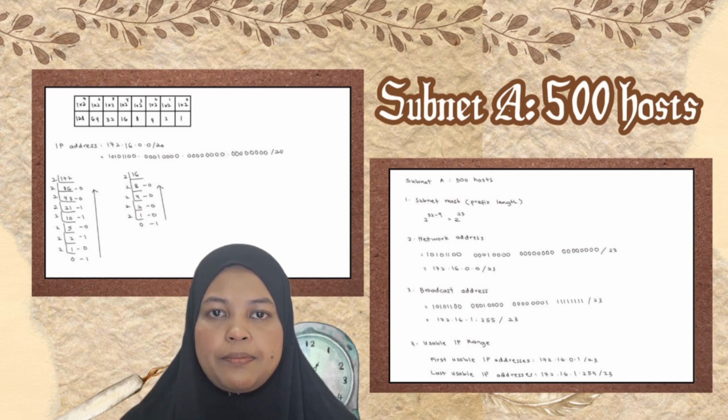For the last usable IP address, it is the last IP address before the broadcast address. So we take the broadcast address that we got before and minus 1. So we get 172.16.1.255/23. So let's go to the next subnet.